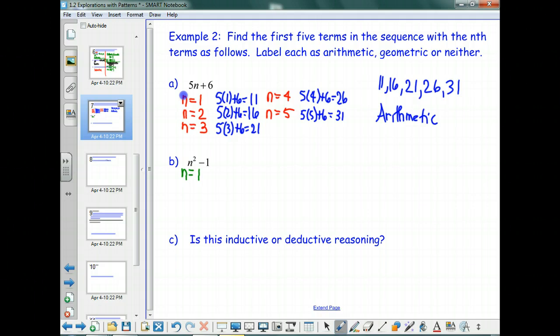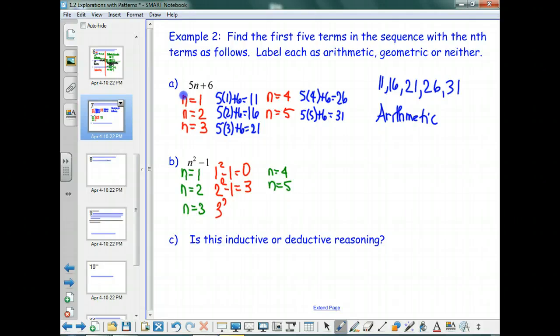Right, n equals 1, 2, 3, 4, and 5. All right, so if n equals 1, I have 1 squared minus 1, which is 0. If n equals 2, I have 2 squared minus 1, which is 3.